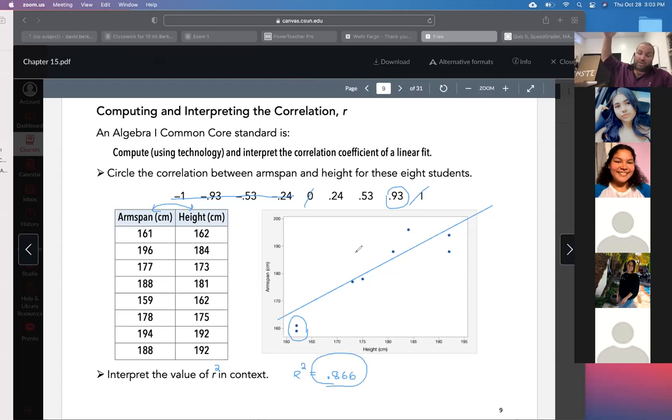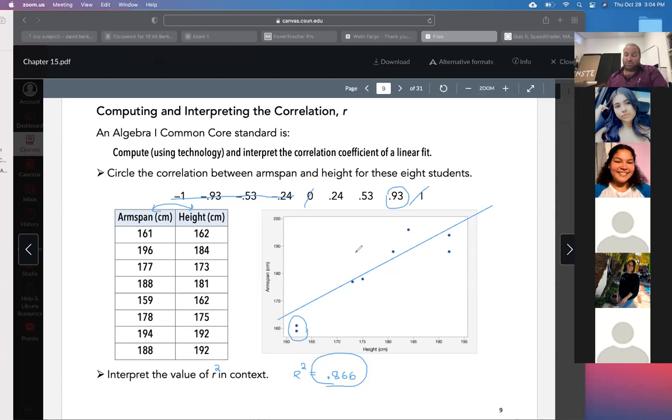And the other 13.4% are all the other things that we're not thinking of in this study. So genetics, nurture, and all the other things that might play a role, that's all lumped into the remaining 13.4%.